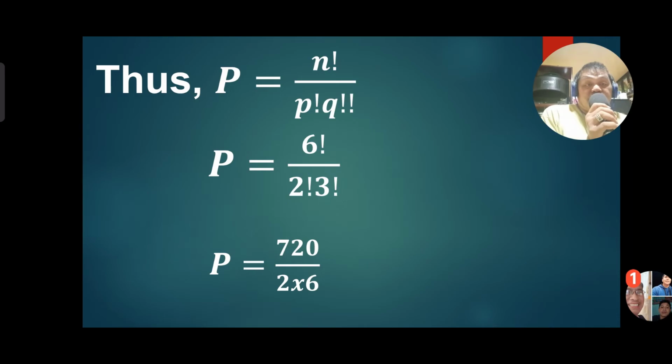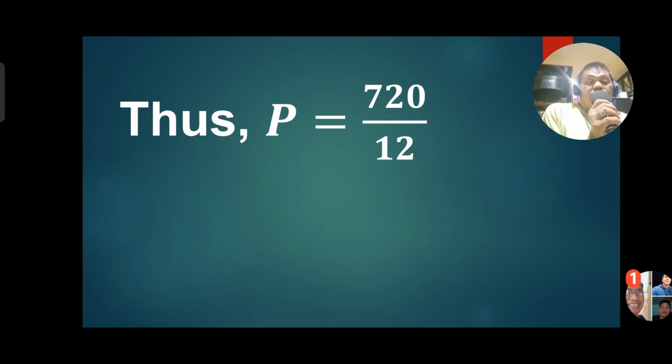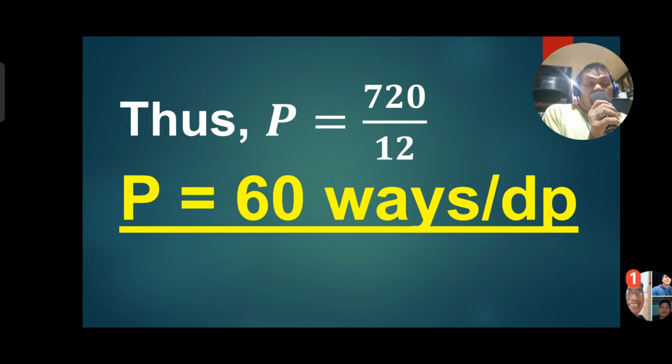So we are going to process 6 factorial is equal to 720. And 2 factorial times 3 factorial is just 2 times 6. And so we have 720 divided by 12. The number of distinguishable permutations or ways is equal to 60. And that would be the permutation of the 6 digits is equal to 60 ways or distinguishable permutation.